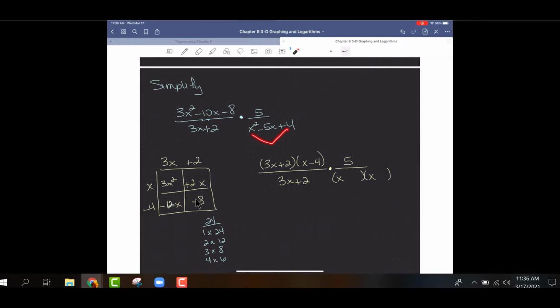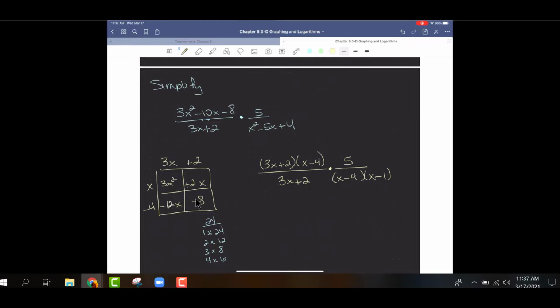When I multiply these together, I'm getting a positive 4. So the only way I can get positive numbers is if I multiply two signs that are the same. So either positive, positive, or negative, negative. That's telling me it's going to be negative, negative. Then when I multiply, I get 4, and the difference has got to be 5. So we know it's going to be a -4 and a +1, right?